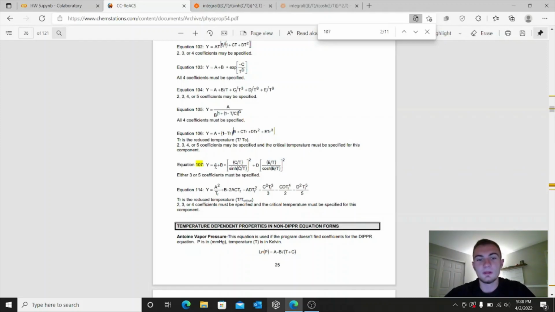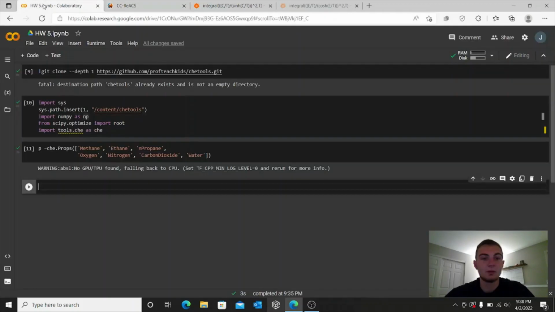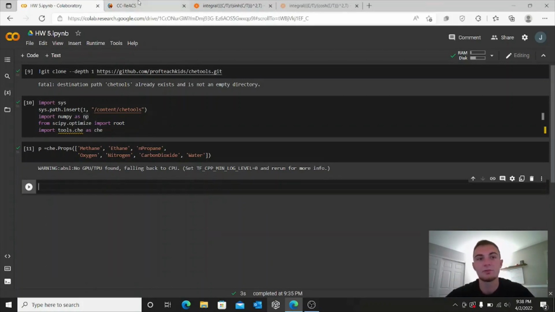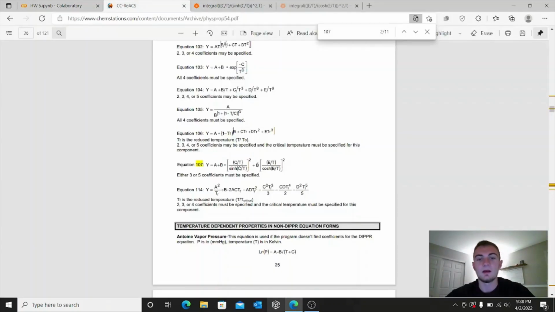Secondly, you may ask, well, what are A, B, C, D, and E? Well, if you remember here in Python, if we do P dot CP, so heat capacity, here's our A, B, and the rest of our parameters. So we have these in our pre-written code. And the other thing that you may notice is this sinh and cosh. I'm not going to go too in depth with this, but essentially it's the hyperbolic sine and the hyperbolic cosine.